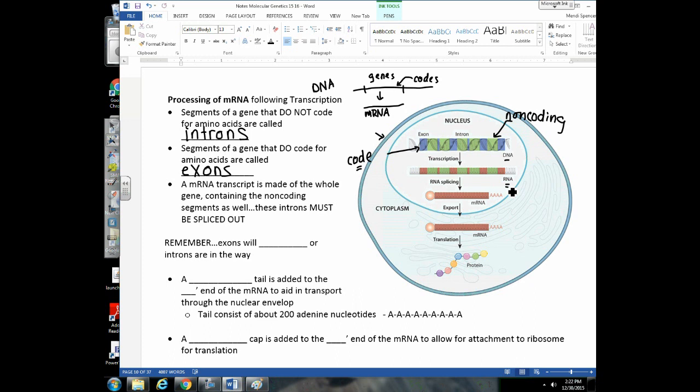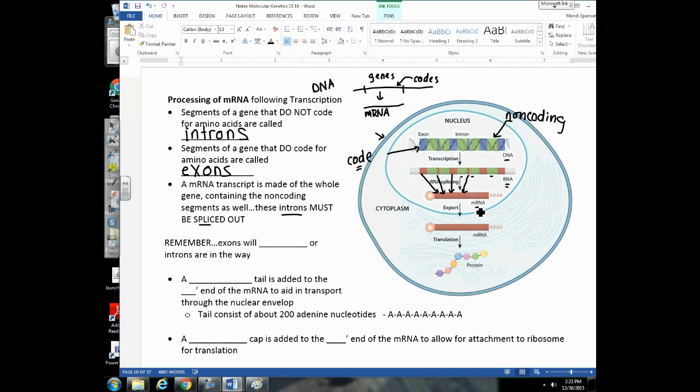So what happens is the parts that do not code for the protein are going to be cut out. Another way to say that is these introns, these non-coding regions, have to be spliced out. That's why this is color-coded, because you can see that we're going to cut out all of these green regions, they're non-coding regions, and we're going to splice together just these parts that code for the polypeptide. So that's why this mRNA molecule here is all this pink color, and you don't see any green anymore.